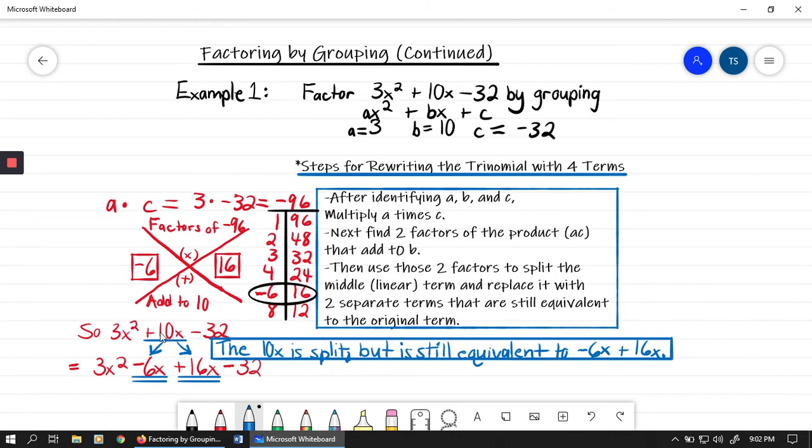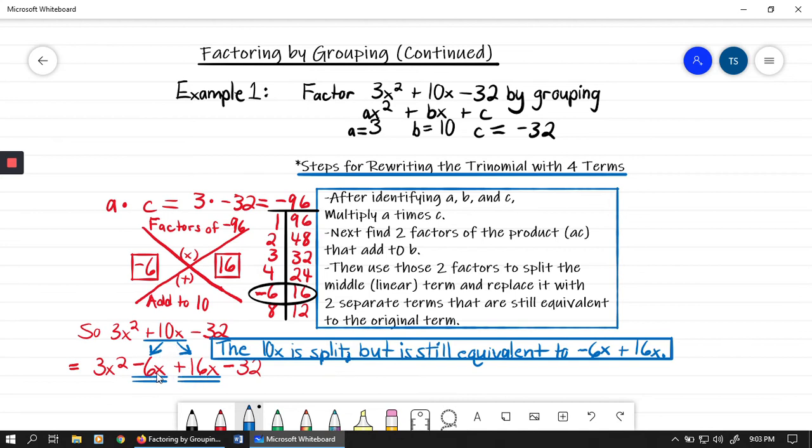We split up that term using those two factors, negative 6 and 16. So again, we rewrote the original expression, and we replaced that middle term with these two terms. You can see that the 10x has been split, but that these two terms it's been replaced with are technically still equivalent to the 10x.